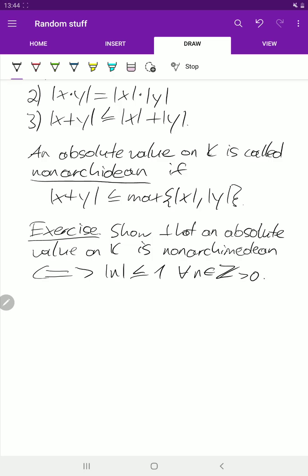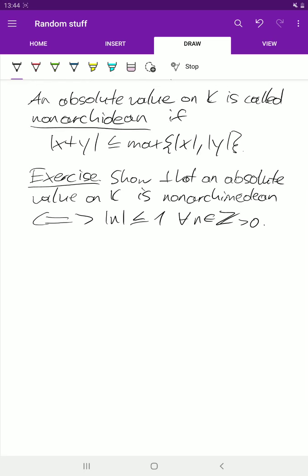Okay, that's the exercise. If you want, you can try it like this and stop the video. Otherwise, I can give you a hint and also later the full solution.